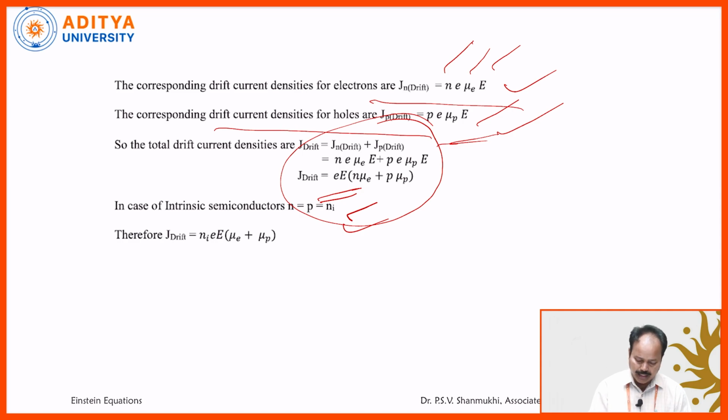That's why we can write J drift is equal to ni e E into mu e plus mu h. This is the expression for the total drift current density due to electrons and holes. So simply, drift means that in the presence of an applied electric field, the current or current density is called drift current or drift current density Jd.